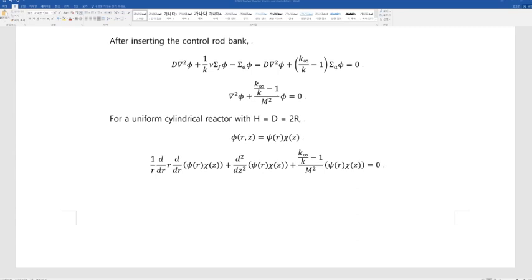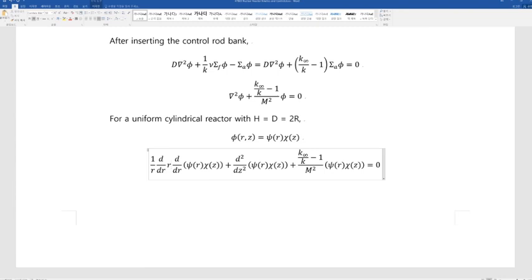Yes, let's start the second part of today's lecture. So, I wrote this equation to remind you how we applied the separation of variables in the case of a cylindrical coordinate system.